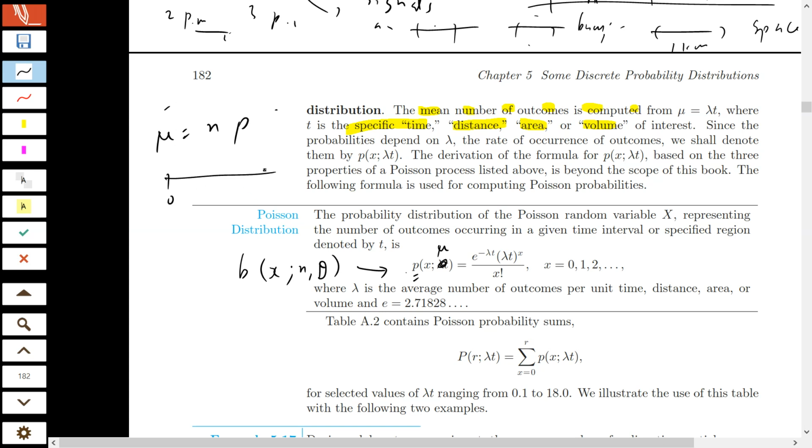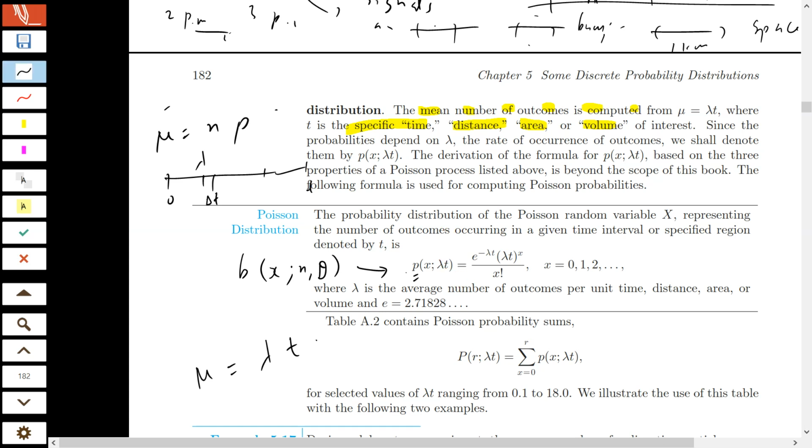If I have 0 and t, I can make this t as large as I want. So I also need something for the small delta t, and that is where lambda becomes useful. So I need two quantities, lambda and mu, and they are related this way: if mu is in a short interval, then it should be lambda times delta t. But if it is open, then it would be lambda times t, because lambda is constant. That's why it becomes more useful.